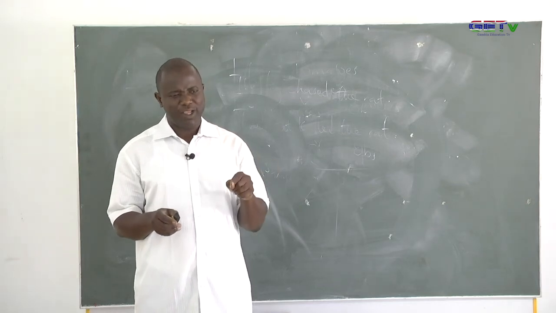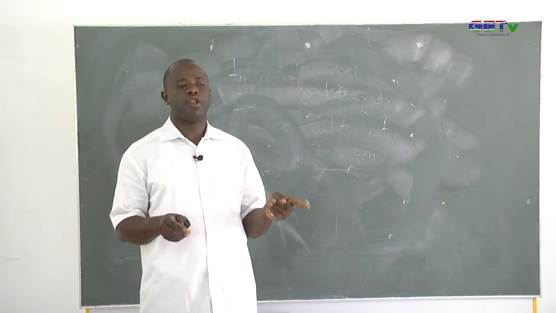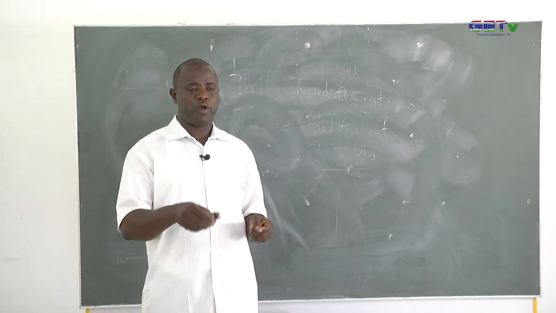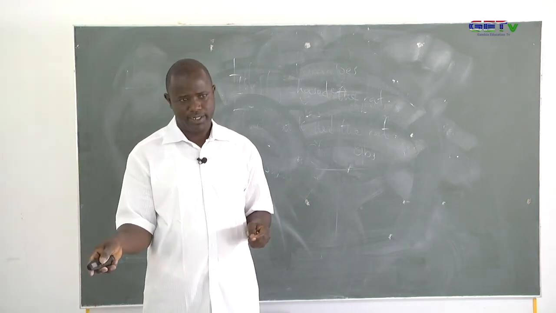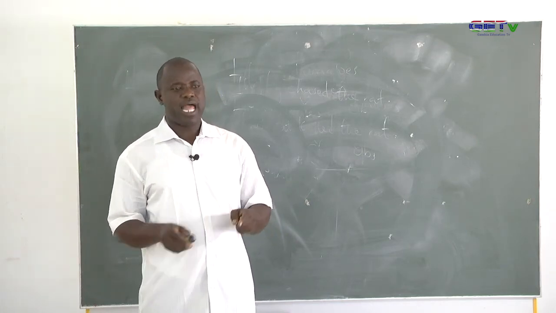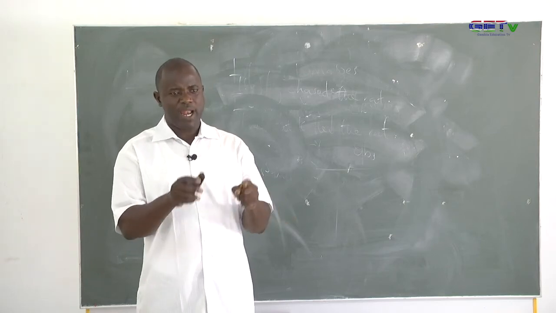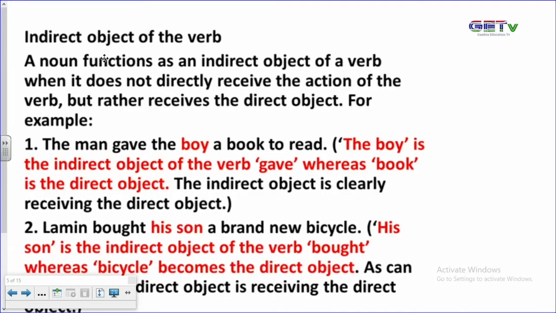So the indirect object becomes his son. You can say Lamin bought a brand new bicycle. That's a direct object. Lamin bought his son a brand new bicycle. So if you analyze this grammatically, Lamin becomes the subject of the verb, and bought is the verb, and his son is an object, but an indirect object.